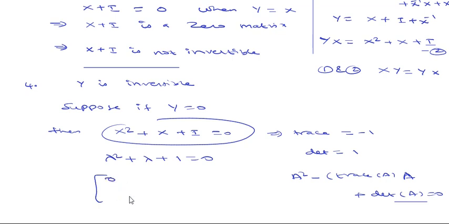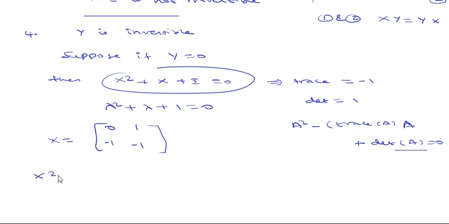Trace is the sum of the diagonal entries, so 0 plus minus 1 will be minus 1, and the determinant is 1. So when we find the determinant, 0 minus of minus 1, it will be plus 1. So this can be our x.